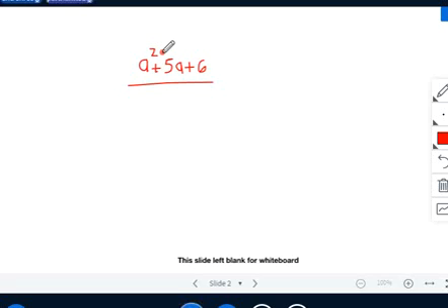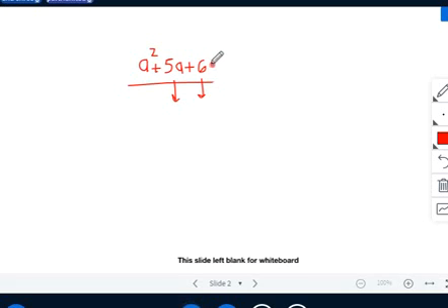You have to find two numbers. When you add them, it will give you 5, and when you multiply them, you'll get 6. So add to make 5, multiply to make 6. When you can take out a common number, then it's fine.